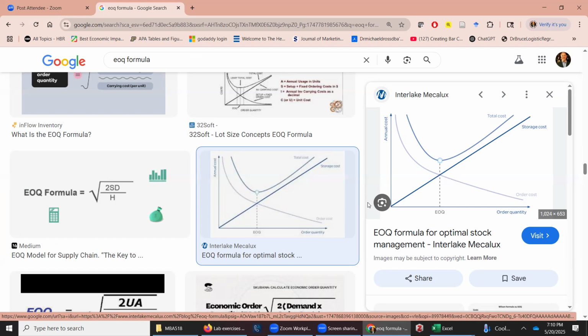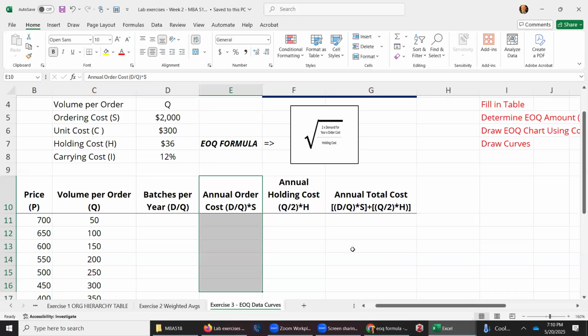The storage cost is linear all the way up. And then this total cost is a convex curve where it goes down to a minimum and then goes back up. I'm probably muddying the waters and I don't mean to.